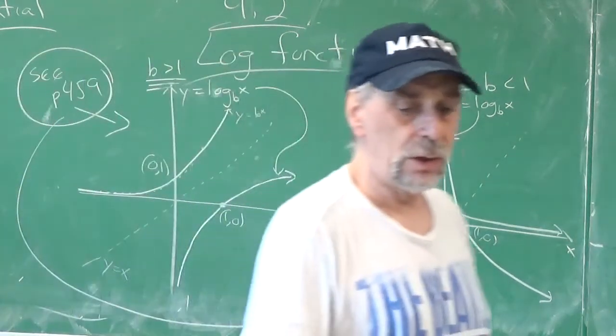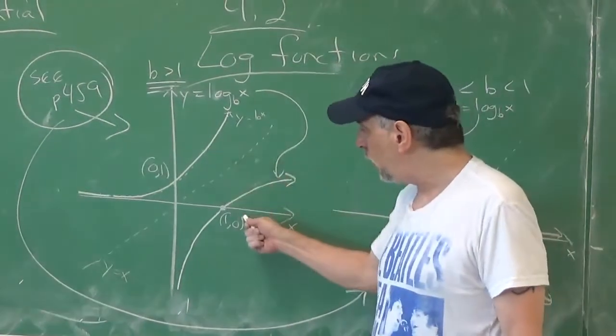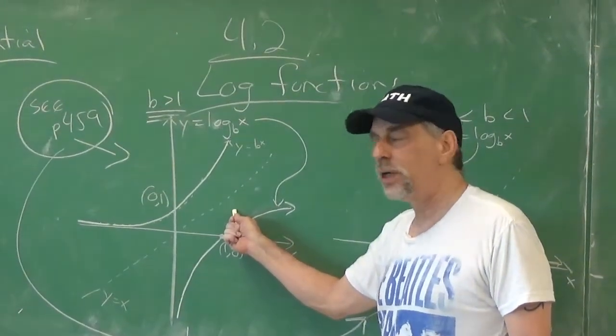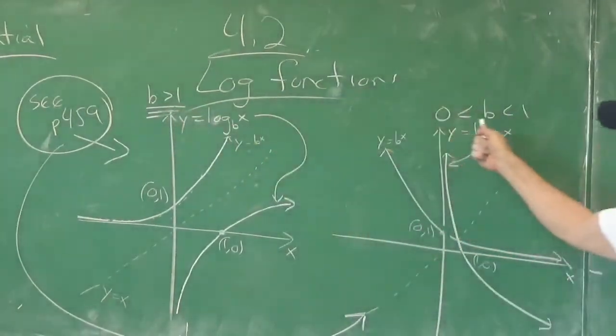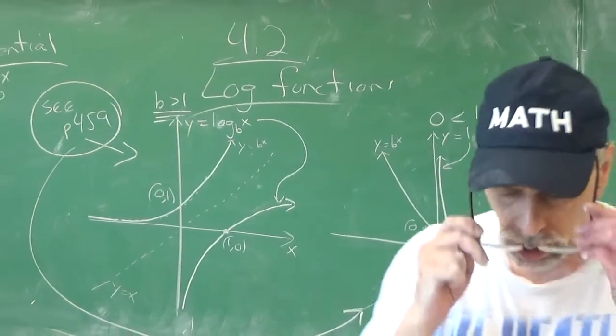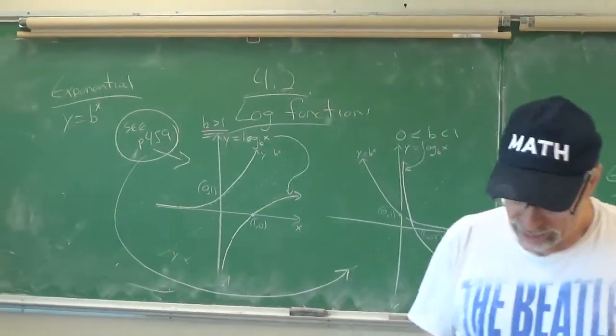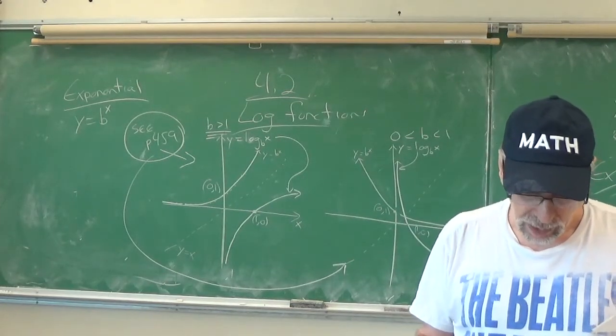So you want to be familiar with the difference between the exponential graph and the log graph. Realize they're inverses of one another. Know the difference between b greater than 1 and b less than or equal to 1. Again, the transformations and reflections all hold in the same way that they did when we looked at the exponential.